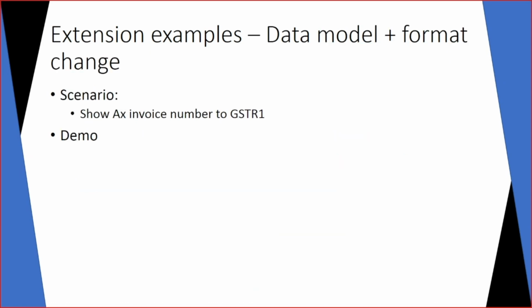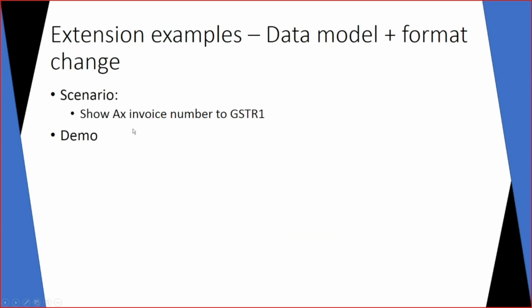The next scenario is a little bit complicated. For this scenario, we not only need to change the format, but we need to add more fields to the data model and add more model mapping to support the full end-to-end data flow from the transaction to the GSTR report.